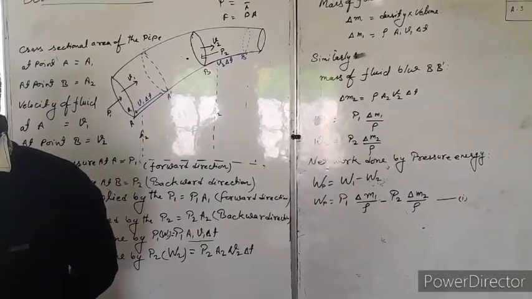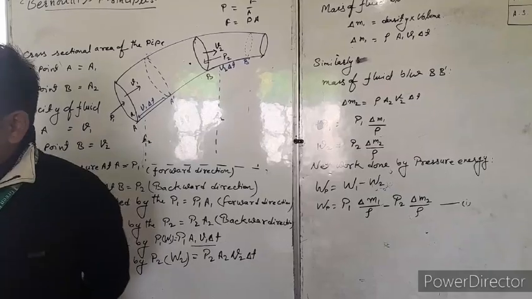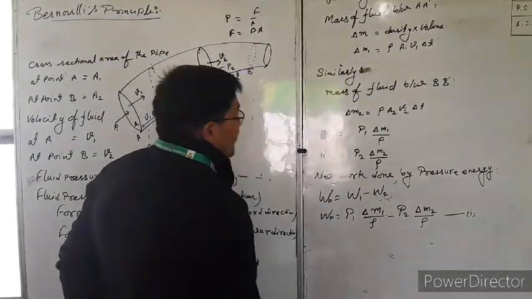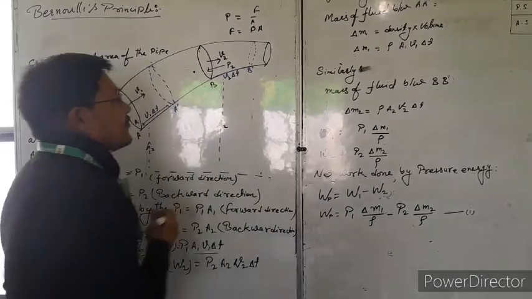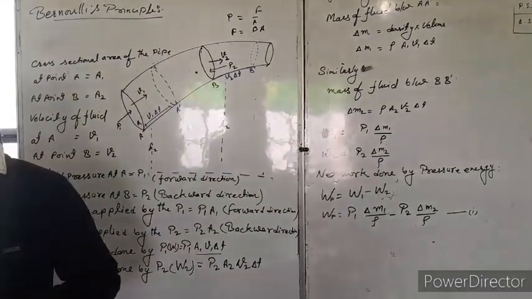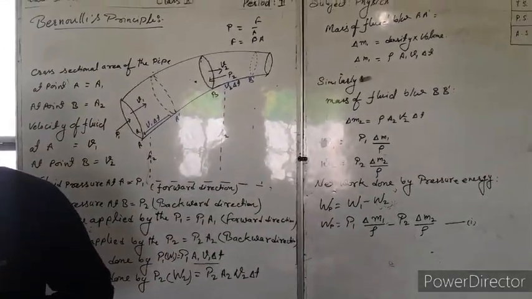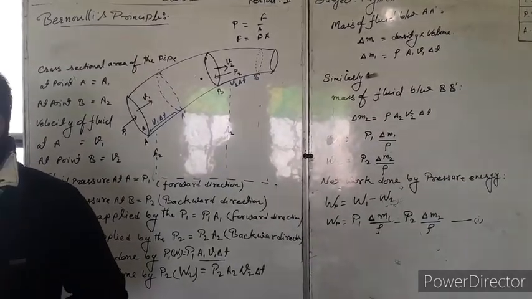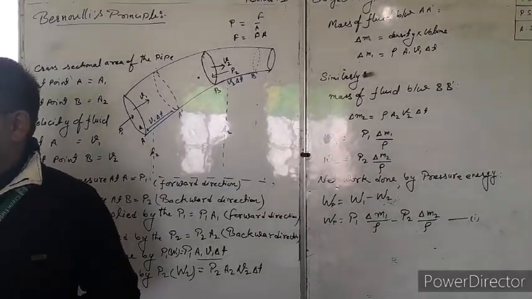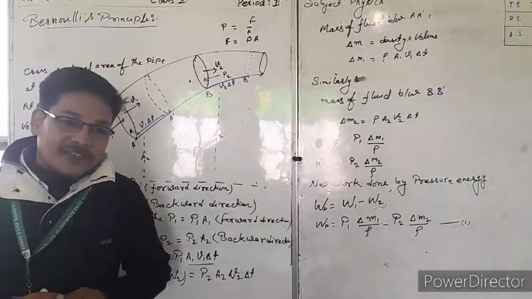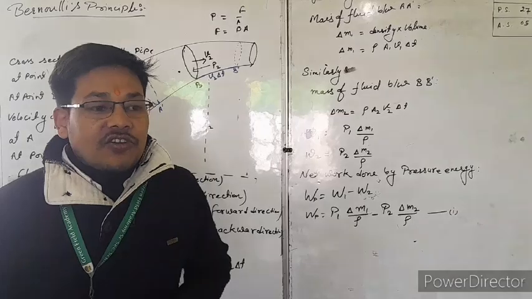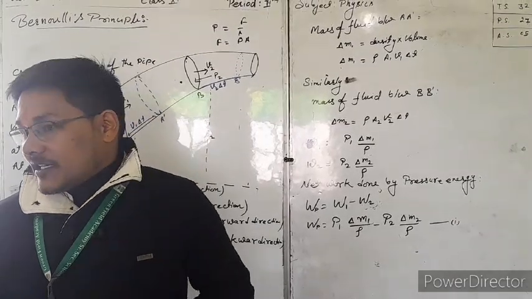Gravity is a conservative force. Do you know what a conservative force is? A conservative force is one whose work done does not depend on the path followed by the object.